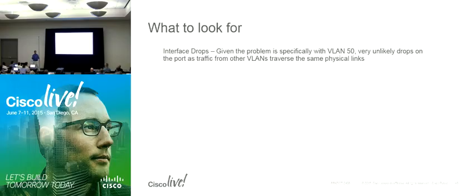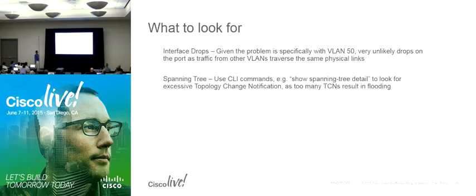Then what else could affect a VLAN globally? Spanning tree, awesome. Do you like spanning tree? Yeah, I don't like it either, but it's still out there. So could spanning tree be a problem? You could quickly check show spanning-tree vlan 50 detail from the core. What is it that you look for?